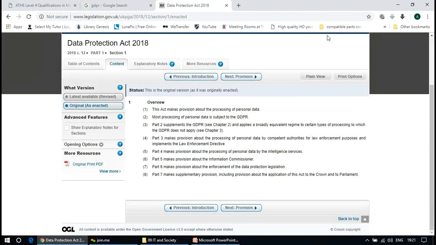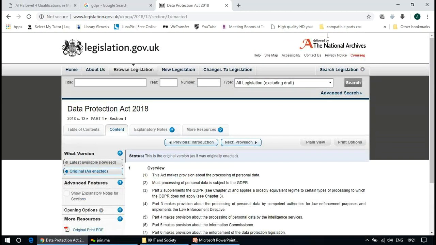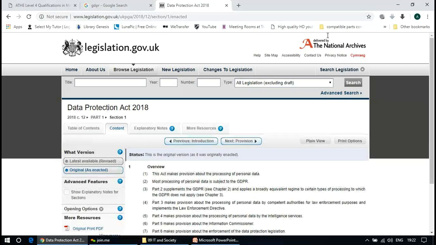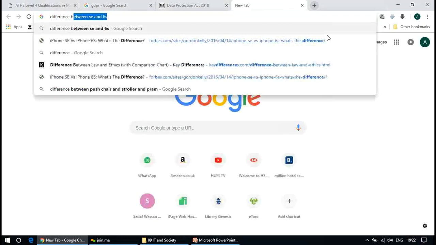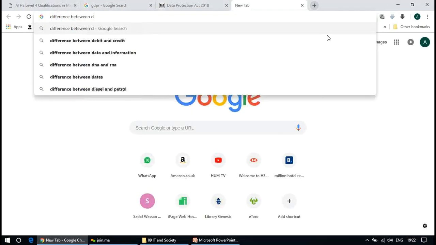The Act makes provision about the processing of personal data. Okay, so previously we have been hearing about the data protection act, so this is a kind of new name given. Okay, let us see. General data.